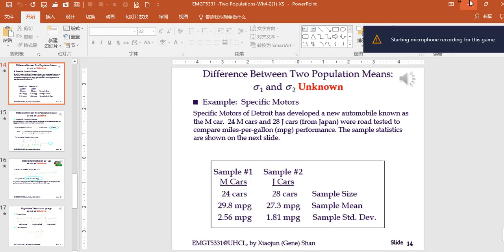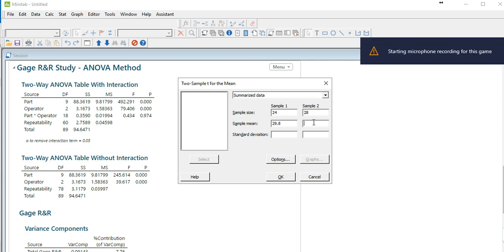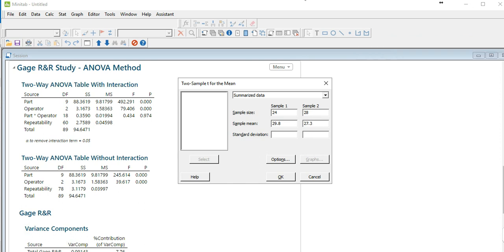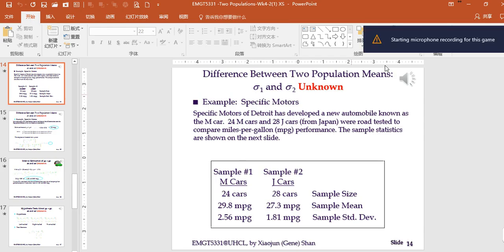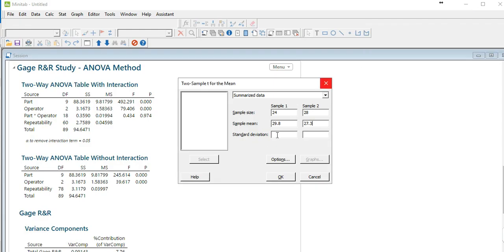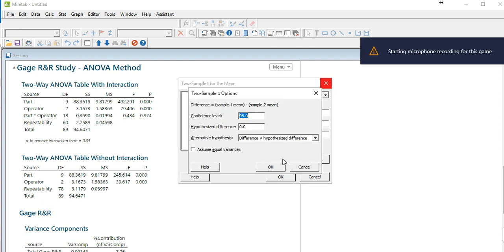And the mileage per gallon, one is 29.8, one is 27.3, and then standard deviation is 2.56 and 1.81. Okay, so you can go to Options.